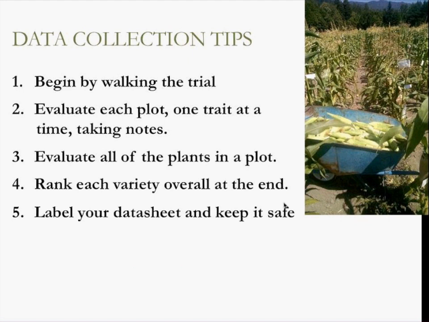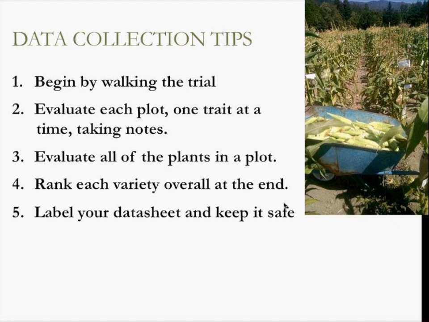So in general, for data collection, you want to start by walking through the whole trial, evaluating what it looks like overall, what the good plots and the bad plots are, and then evaluating each plot individually for one trait at a time. It may seem like it's faster to do all the traits on one plot and then all the traits on the next plot, but usually you are better at comparing things when you're doing one trait at a time.